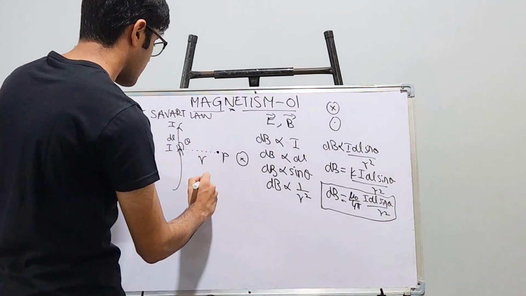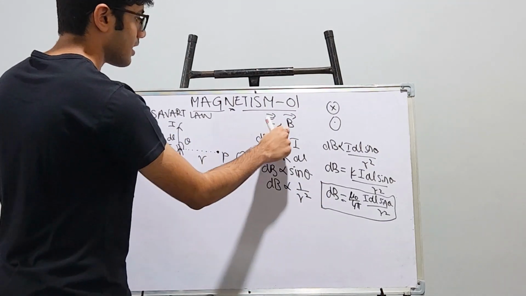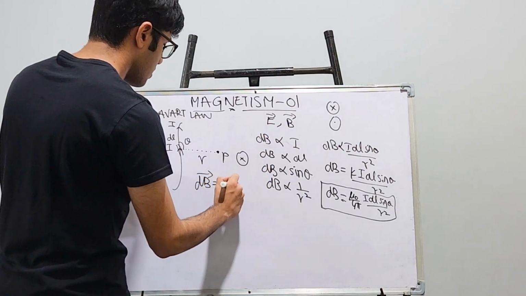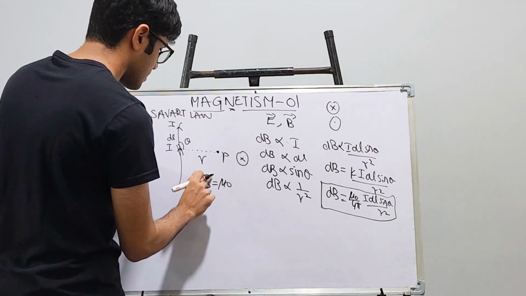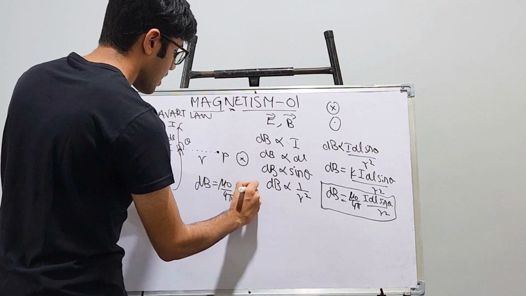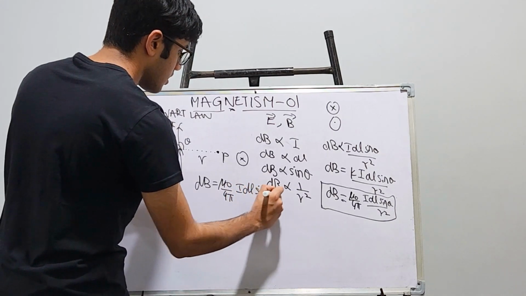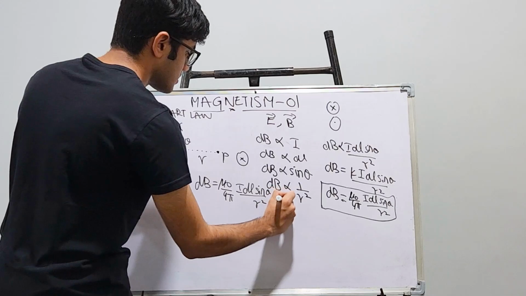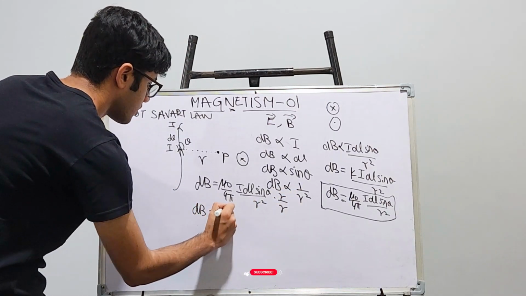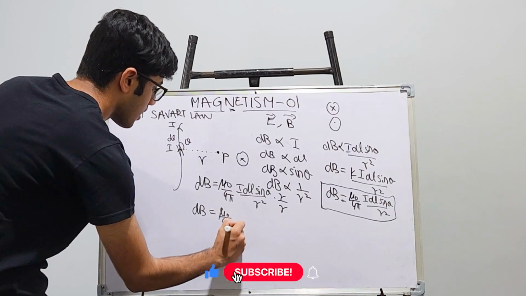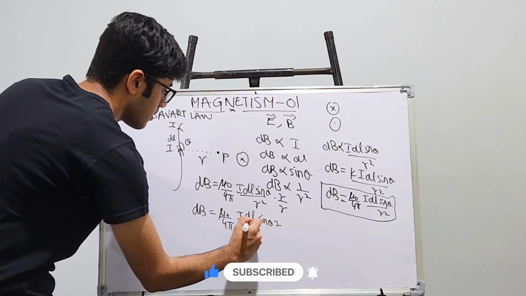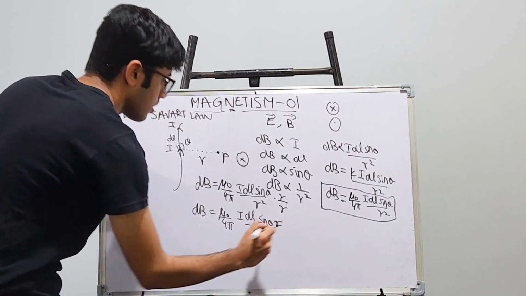If we were to write its vector form, because we know that magnetic field is a vector, we'll get that dB is equal to, in the scalar form first, mu naught by 4 pi I dl sine theta by r squared. Let us multiply and divide by r. So now we get dB equal to mu naught by 4 pi I dl sine theta r by r cubed.